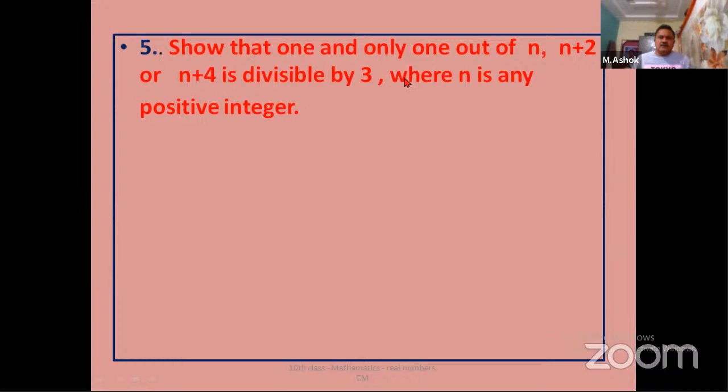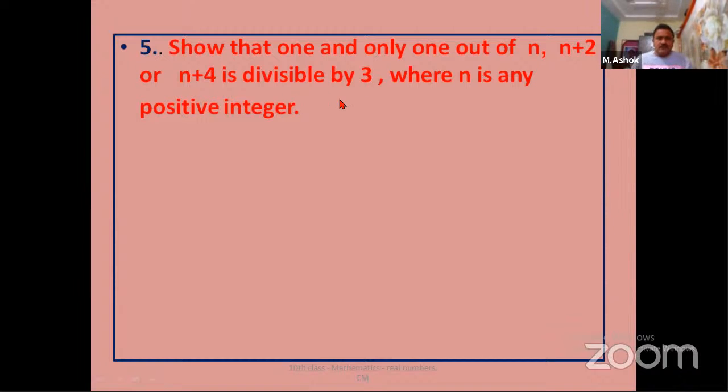Means out of all the three, n or n plus 2 or n plus 4, only one is divisible by 3. N is any positive integer. So we have to prove that out of these three conditions, only one is divisible by 3.